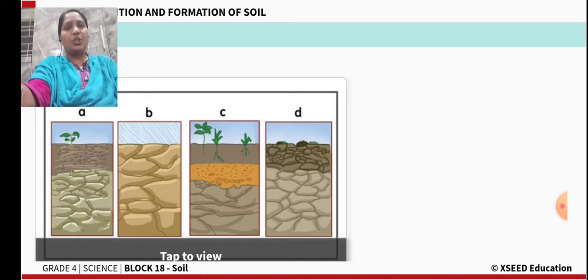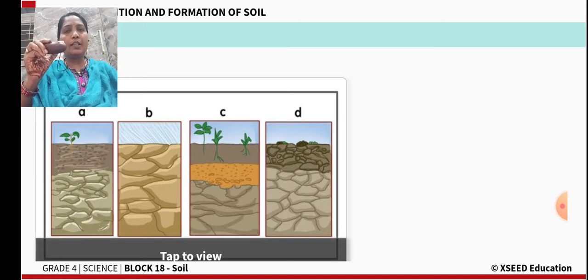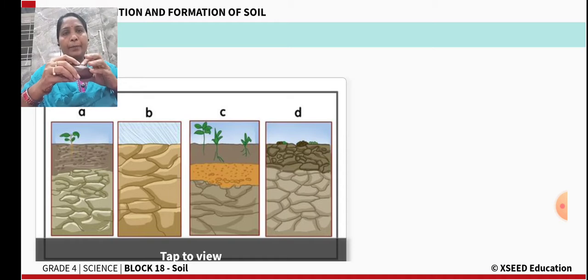What actually happens is whenever huge rocks are exposed to sunlight, heavy rain, and blowing wind, these heavy rocks break down. The sun gives us heat and light.